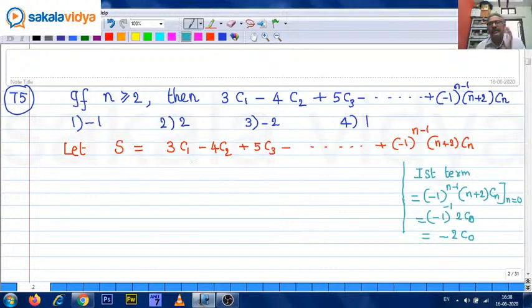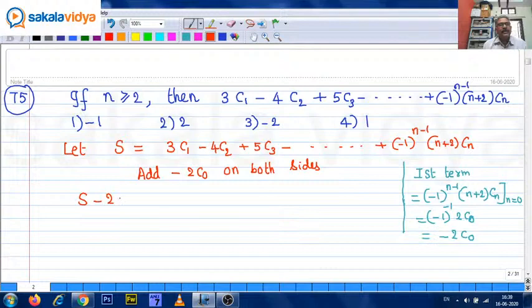That means add minus 2 C naught on both sides. Having added minus 2 C naught on both sides, we get S minus 2 C naught equals minus 2 C naught plus 3 C1 minus 4 C2 plus 5 C3 and so on plus minus 1 to the power of n minus 1 n plus 2 times Cn.